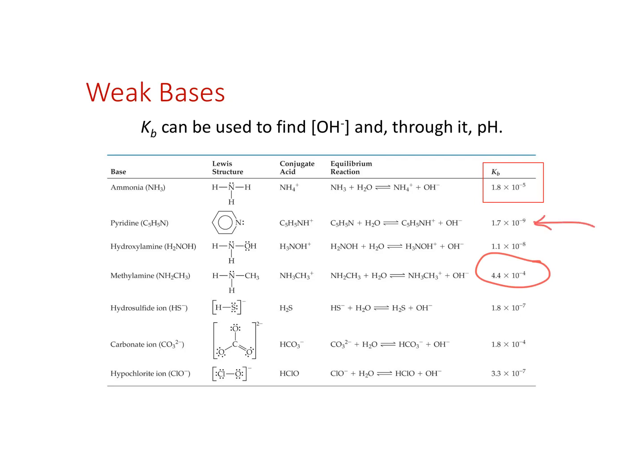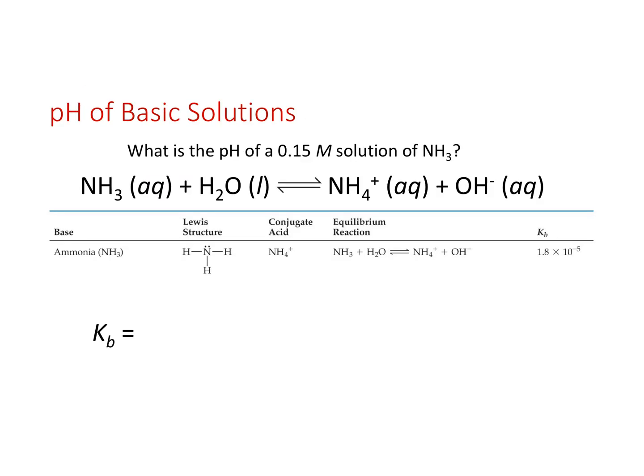We're going to take a look at ammonia and calculate the pH of a solution of ammonia using the Kb of ammonia. So the question here is how to determine the pH of a 0.15 molar solution of ammonia, given that ammonia reacts with water to form ammonium and hydroxide, and in this case we know the Kb for this reaction.